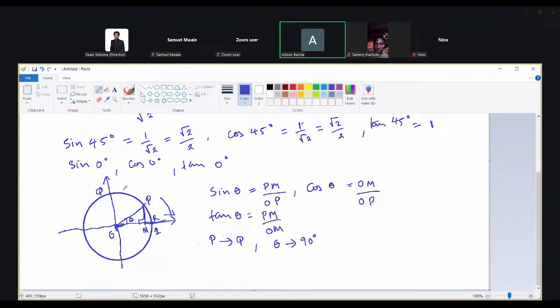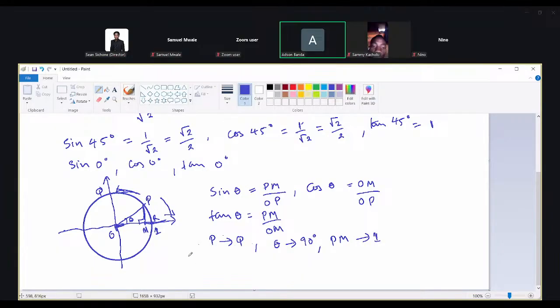So you see that as you move P along the circumference to Q, the angle there is going to be 90 degrees. And then, of course, the length PM. As you are moving, M is also moving towards the origin. So once you are in that place, it means that PM is going to be equal to 1. So this will approach 1.